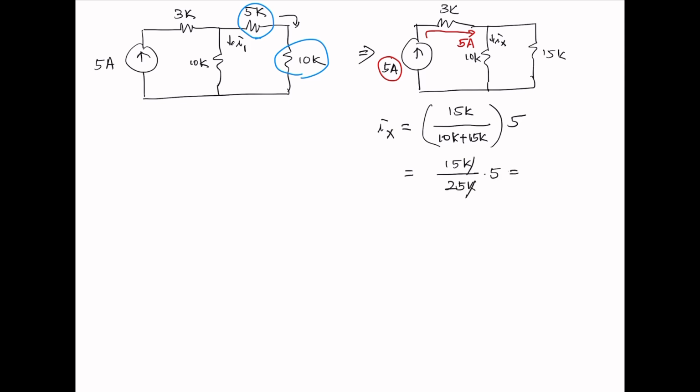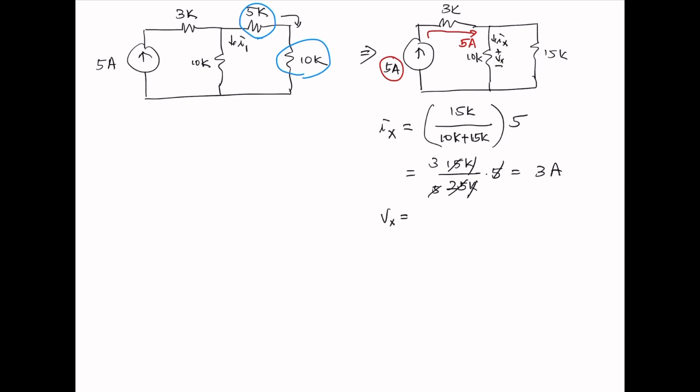K will go away, and 5 times 5, 5, 3 is going to be 3 amp. Now let's find the Vx. Vx equals Ix times R on there. Ix, we just calculated 3mA, and then R is the 10K. So the voltage across here is 30 kilovolts.